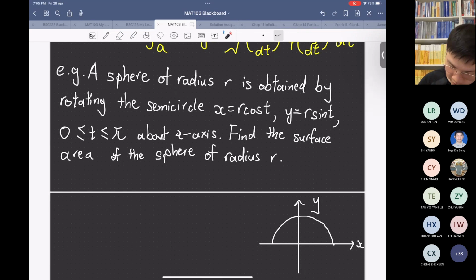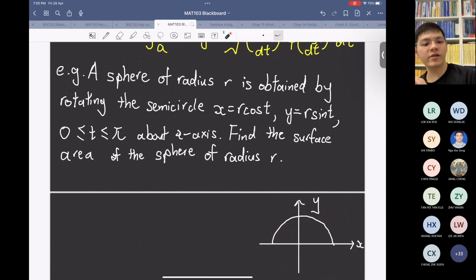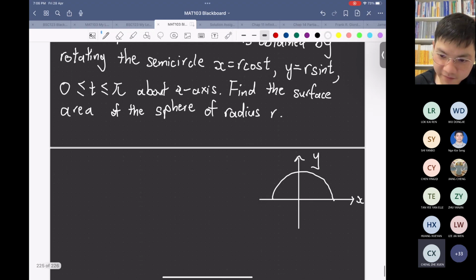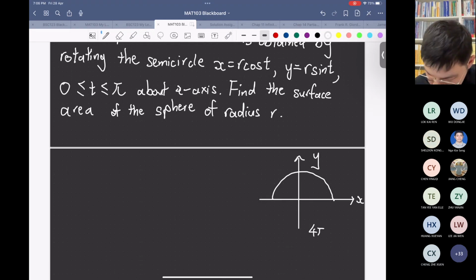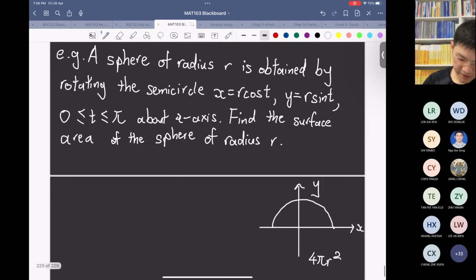Then we revolve it around the x-axis, so you trace out a sphere. Can anyone remember the formula for the surface area of a sphere, before we calculate? 4 pi r squared. Okay, good. So if this formula is going to work, we're going to find 4 pi r squared.